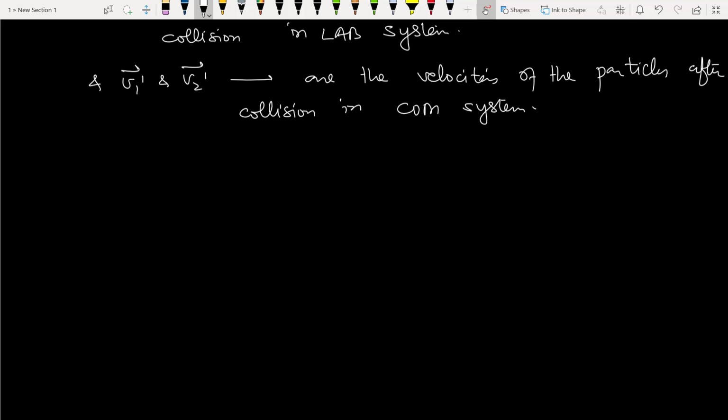And if we try to depict the diagram, say this is the center of mass velocity v, and particle 1 is moving with velocity v1 as we studied in the previous article, and v2 after collision. Then this will be v1 dash, this will be v2 dash.